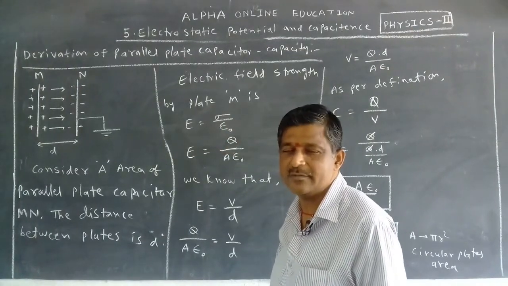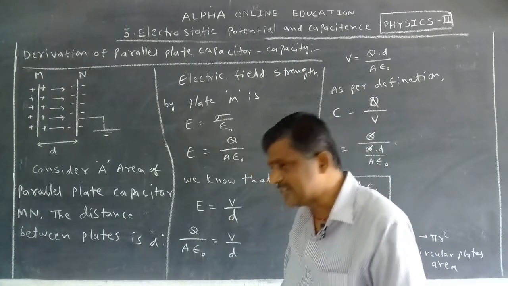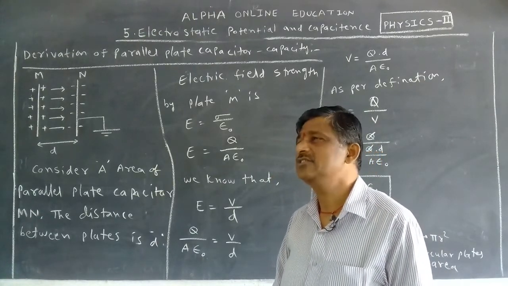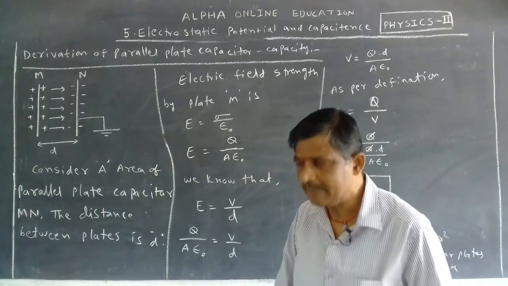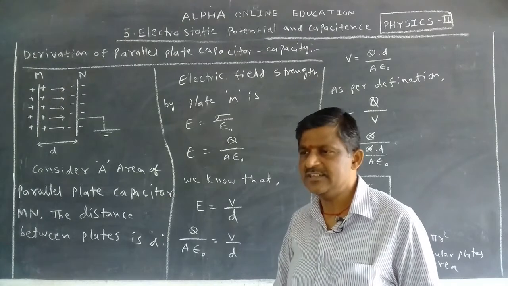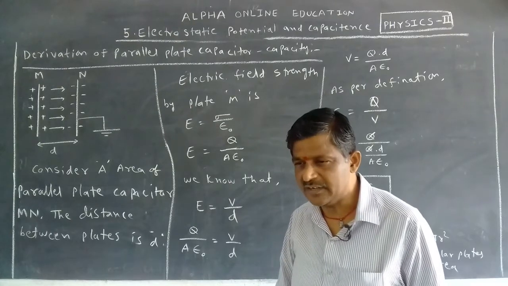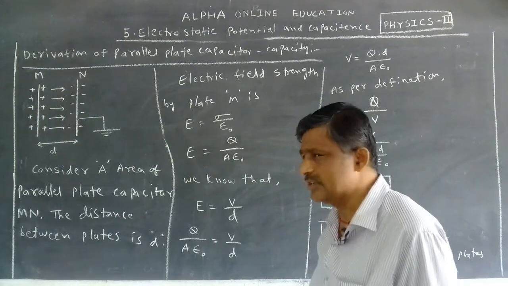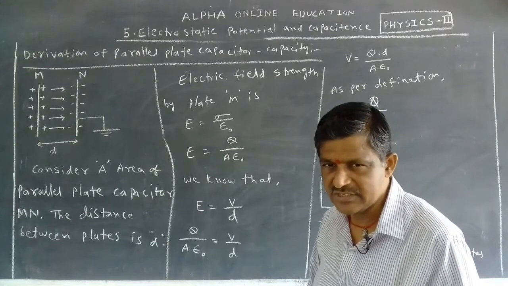This is the electric field strength, otherwise intensity of electric field by a charged plate. With the help of the Gauss theorem we proved it in the previous chapter. You must remember that equation to solve the parallel plate capacitor.